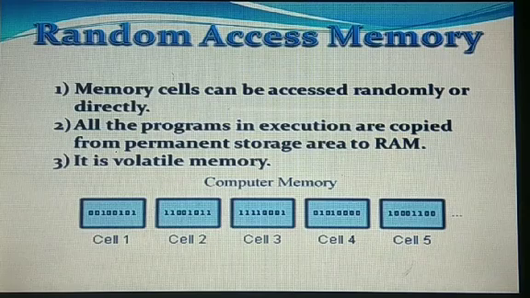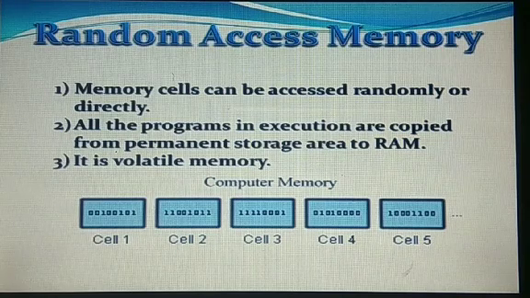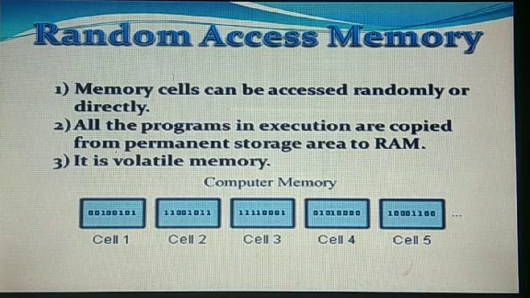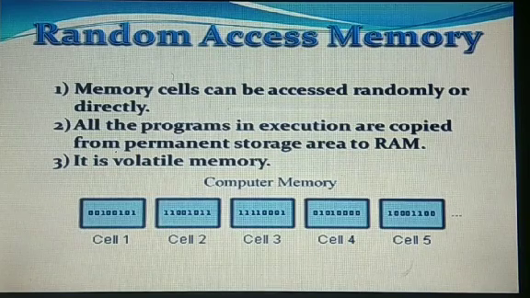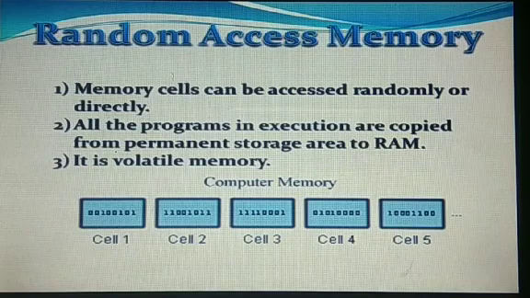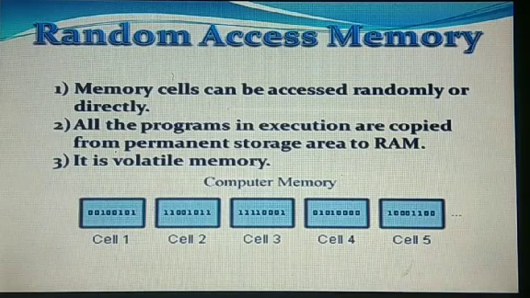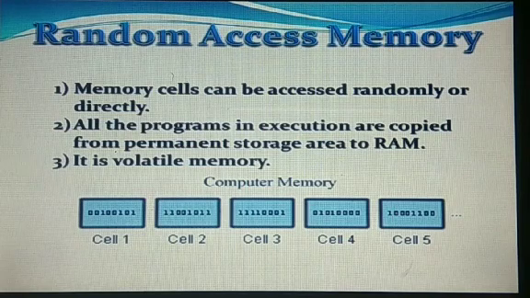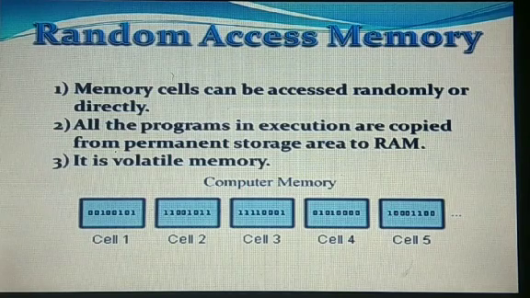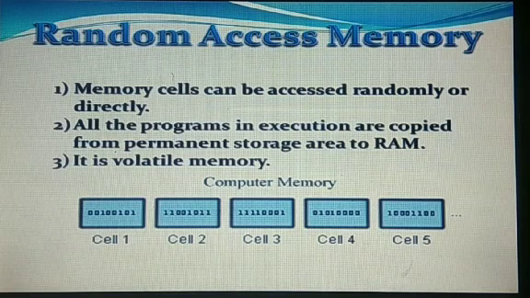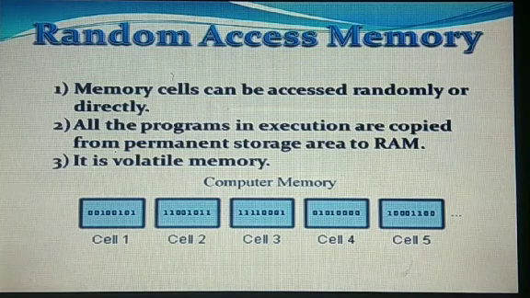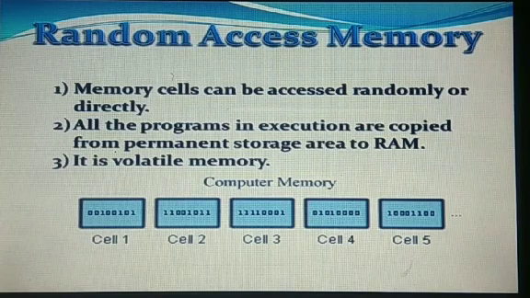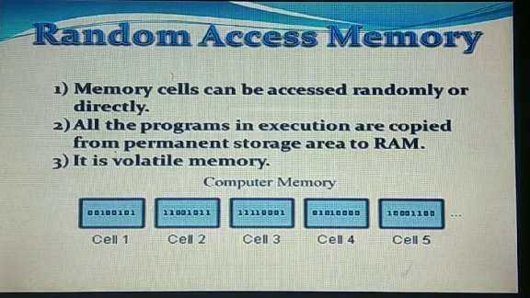Now, what actually is stored in random access memory? All the programs or anything that is required to be executed. Let's suppose we want to work on MS Word, or we want to play a game. We open the game or that program by double clicking on it. That means the things get copied from the hard disk onto random access memory, and then only we can work on it.